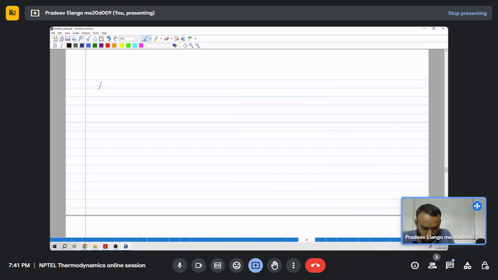So percentage error is equal to W dot minus W dot flow energy divided by W dot. So that is 105.62 minus 105.5 divided by 105.62 into 100%. Can you calculate the percentage error?